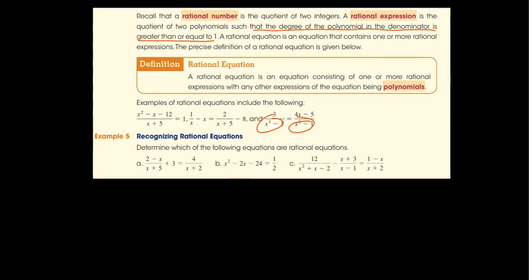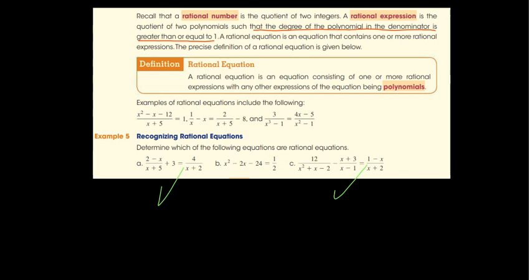Well, example 5 reads, determine which of the following equations are rational equations. Okay, well, I can tell you right now that A and C are rational equations because we have polynomials in our denominator. Now let's look at the top of where I underlined it. It says a rational expression is the quotient of two polynomials, such that the degree of the polynomial in the denominator is greater than or equal to 1.